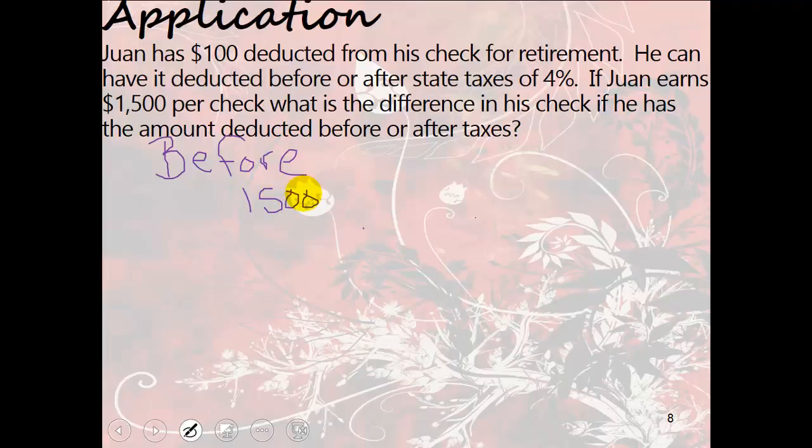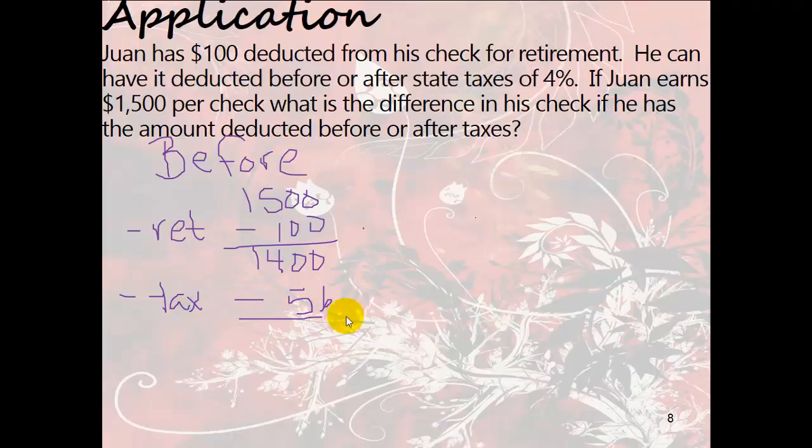If we deduct it before, we deduct the retirement, that's minus 100. So that gives us $1,400. And then we deduct the state tax of 4%. So 4% of $1,400 is $56. So we're going to subtract $56, and that gives us $1,344. Okay? That's if he deducts it before he pays his taxes.